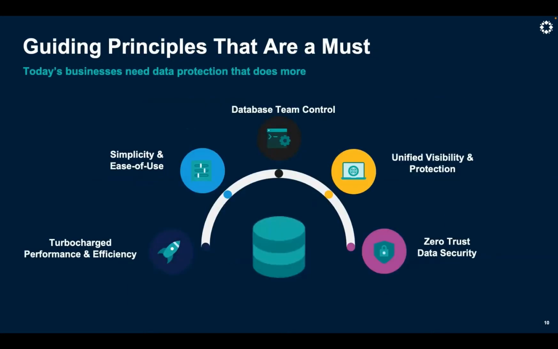And so at Rubrik, when we think about database protection, and from the customers we talk to, there are really a handful of capabilities that are a must for any modern data protection solution to address these problems. First off is zero trust data security. This is imperative. With ransomware and other cyber attacks on the rise, modern backup and recovery solutions really need to be built around this idea of zero trust.